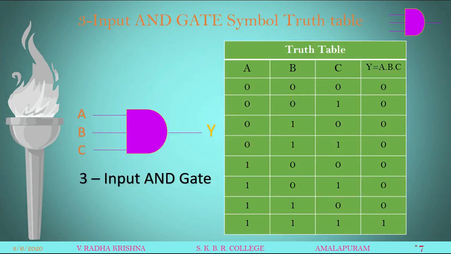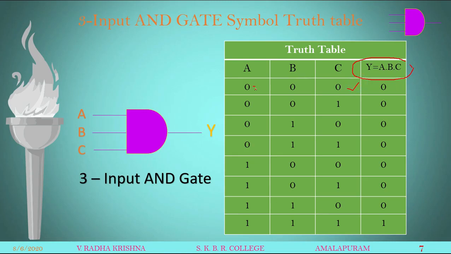Now we will take a 3 input AND gate. Here the 3 inputs are A, B and C. We can estimate the output Y of a 3 input AND gate as the product of the inputs. Hence the Boolean expression for the output of a 3 input AND gate is Y = A AND B AND C. First take A = 0, B = 0 and C = 0.